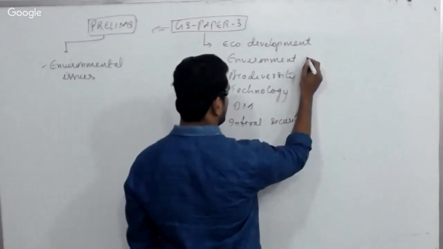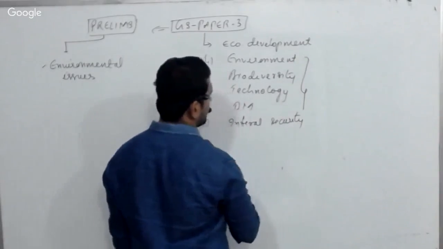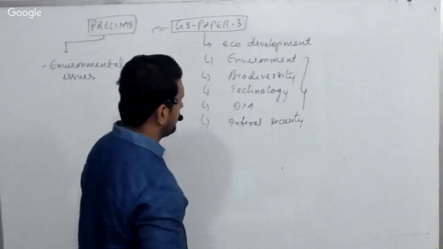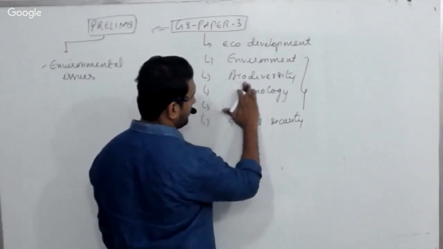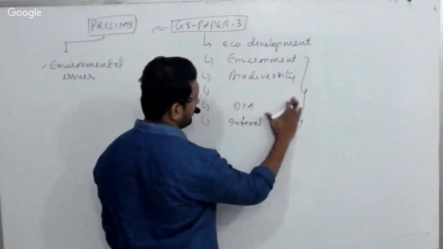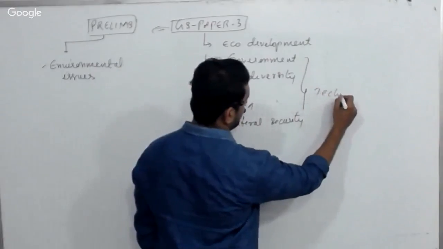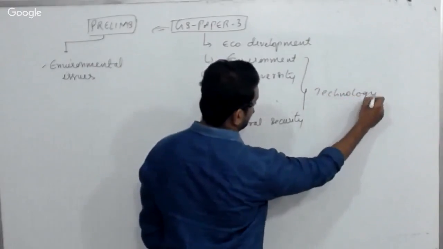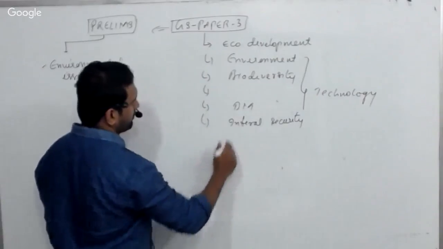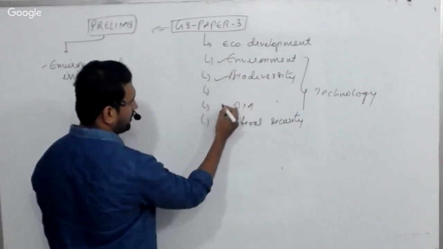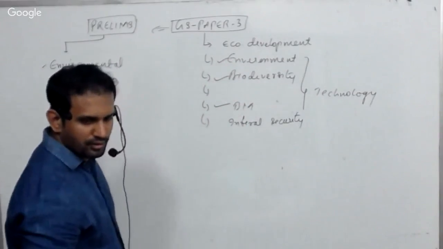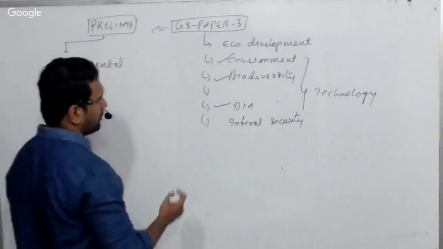So we are starting this part. This one is not there for me. Technology as such I'm not dealing with at present. So I am taking up environment, biodiversity and disaster management. Fine. So this is what we are going to learn.